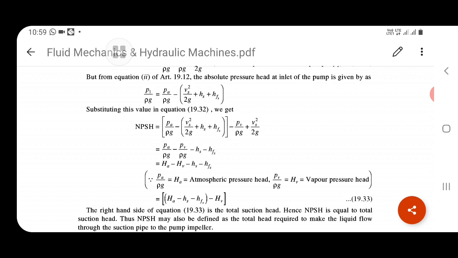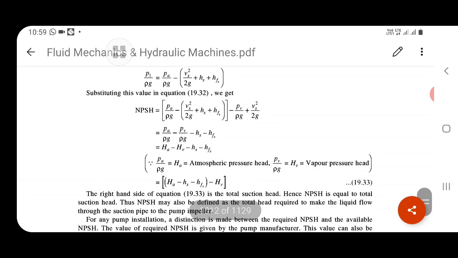So PA upon rho g minus PV upon rho g minus HS. PA upon rho g is HA and PV upon rho g is HV, that is the atmospheric pressure head and the vapor pressure head.